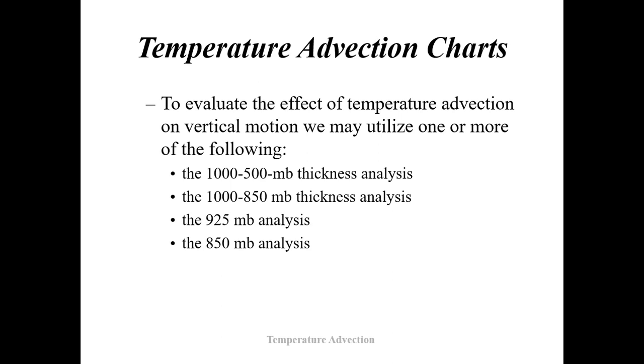In some cases, like for example in the Rocky Mountains in the city of Denver, where you're sitting at a mile high, 5,000 feet above sea level, you might want to use the 850 to 500 millibar thickness chart, mainly because the 850 millibar level is at the surface on the ground in a location such as Denver because they're a mile high. The 925 millibar analysis is another good tool to use to evaluate temperature advection or changes.